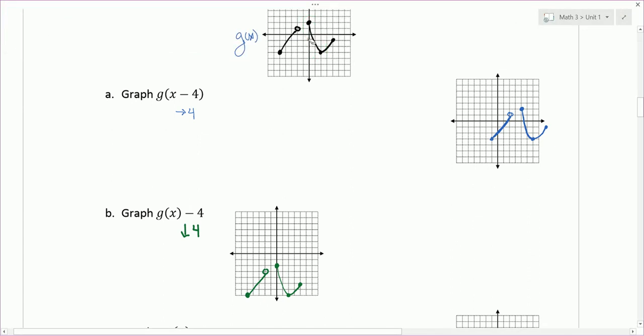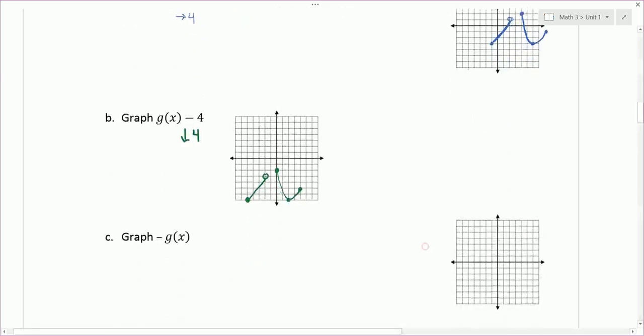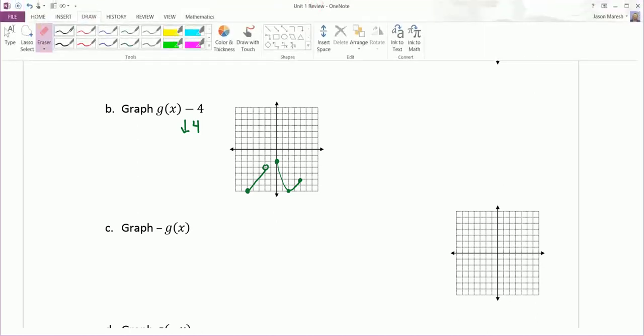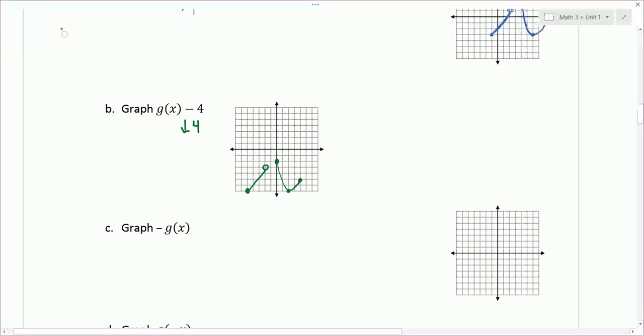And so if you compare the original with part B, it should look like a translation down 4 units. See, we have a negative sign in front of g of x. That is a reflection across the x-axis.